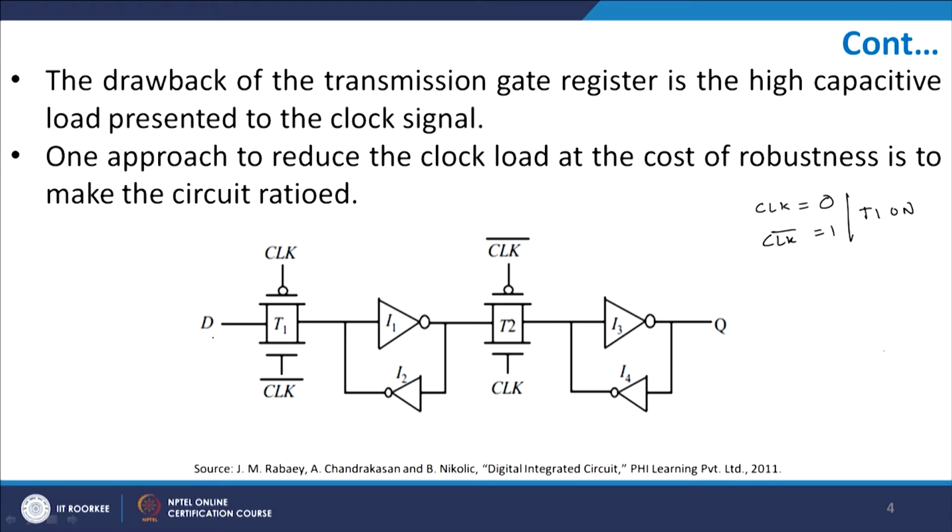As a result, D will be available here, it will be D bar here. But what about T2? Since clock bar equals 1 and clock equals 0, T2 will be in off state. So, when this is off, this is not coming into the picture, D bar will take a turn here and will convert into D again here, and therefore, there will be an infinite loop available to you.